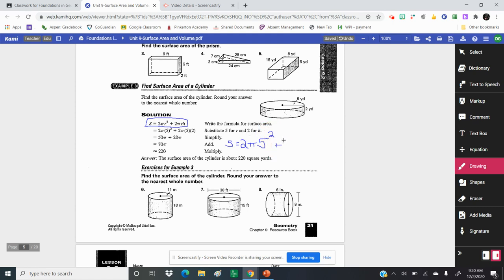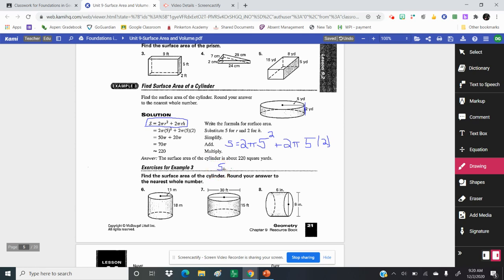Plus 2 times, again they have pi. And again they're asking for the radius, which we already said was 5. And then the height, which is how tall your cylinder is, which is 2. So now we just have to do this math. I know that 5 squared is 25. 25 times 2 would be 50.